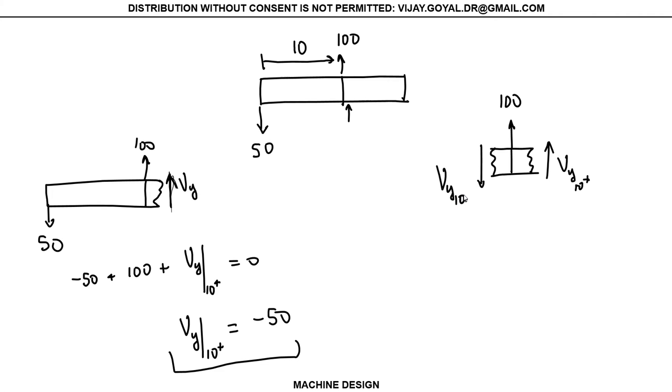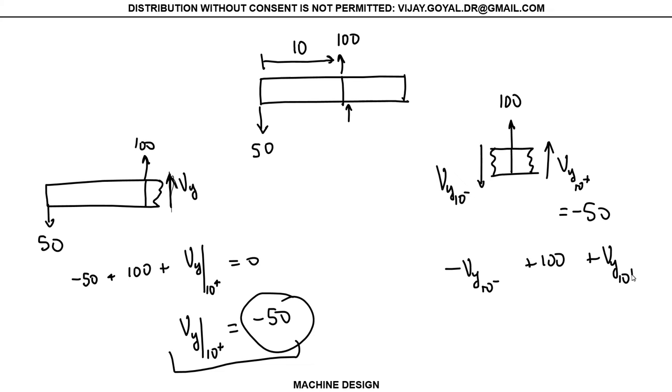This is 10 minus, and if I found this guy over here, I know this is minus 50. Then when you do a summation here, this is minus Vy at 10 minus plus 100 plus Vy at 10 plus is equal to 0.